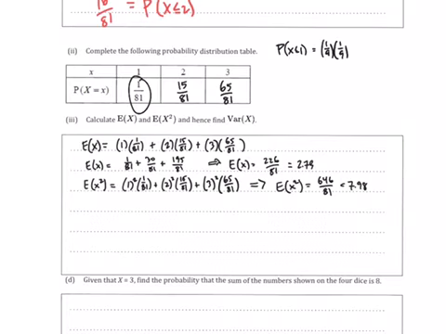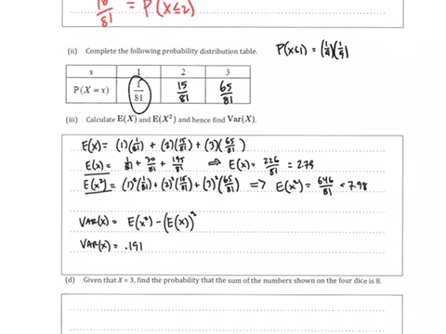All right, outstanding. So now we have the expected value of X and the expected value of X squared. We can find the variance, which is equal to the expected value of X squared minus the expected value of X quantity squared. So the variance of X comes out to 0.191.